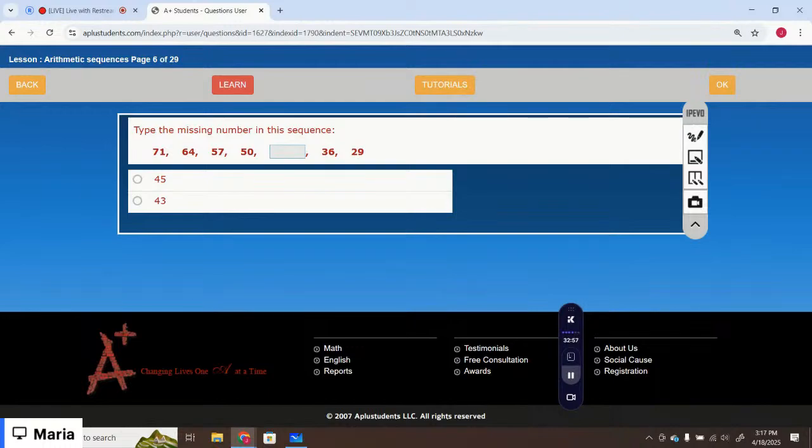Type the missing number in the sequence. So which is the missing number? 43 it is.